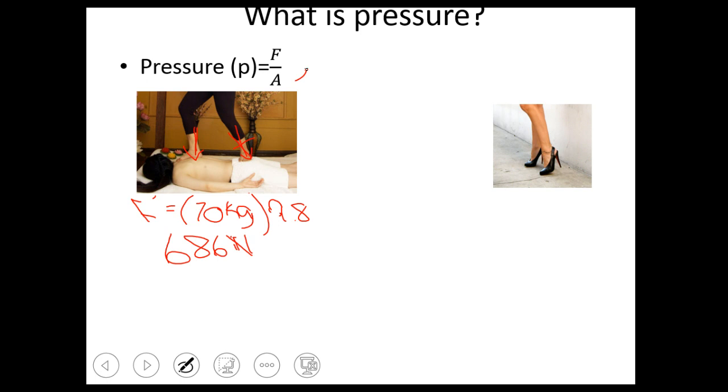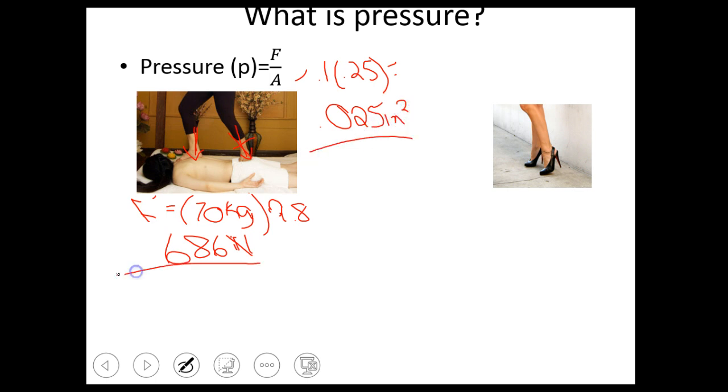For this particular one, I'll say, I don't know, maybe 10 centimeters by maybe 25 centimeters. That's about how long a foot is, and 10 centimeters is about how wide. And so that gives us an area of 0.025 square meters, right, for the area of a foot.